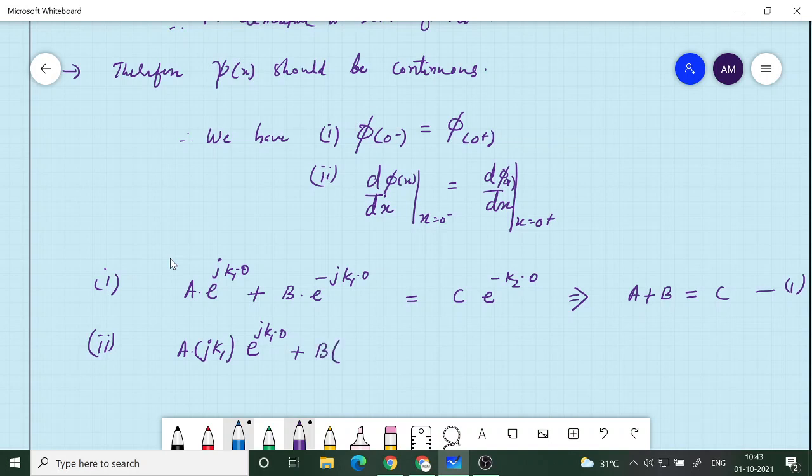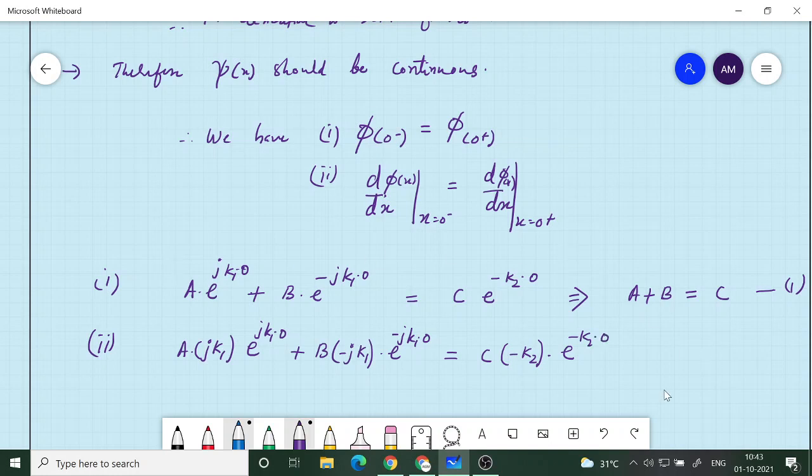So I get a into j k1, then b into minus j k1, with e raised to j k1 0 and minus j k1 0, is equal to c into minus k2 into e raised to minus k2 into 0.